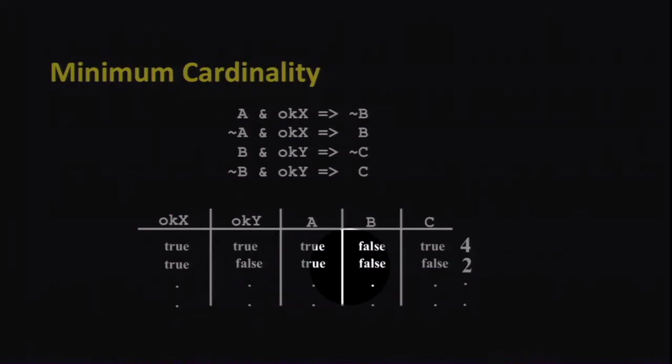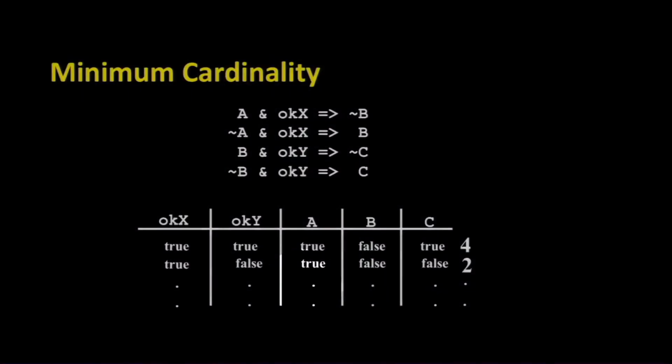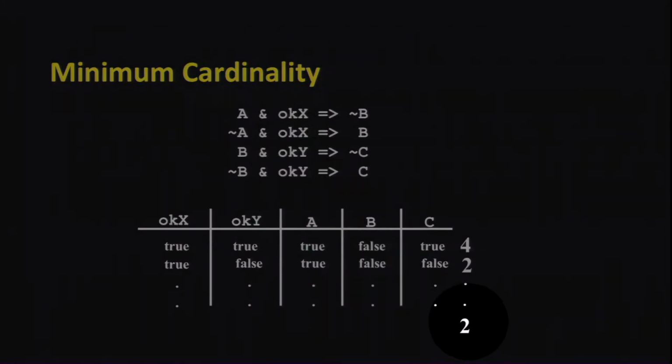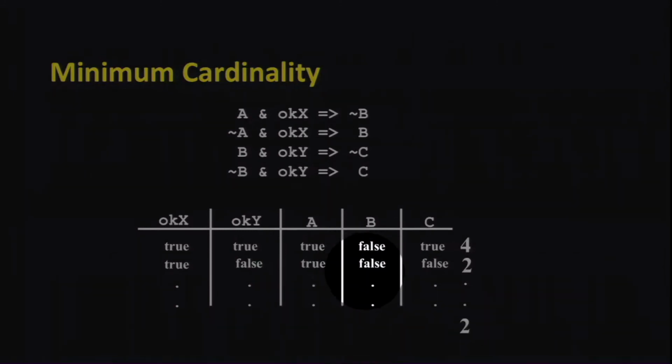Second guy, how many are true? 2 of them. And so on. And then my goal is to find the minimum cardinality among all of these models. So in this case, let's say it's 2. So the question is, if I give you this propositional knowledge base, can you easily compute the minimum cardinality? That's the question. And the second question is, can you find the minimum cardinality models efficiently?